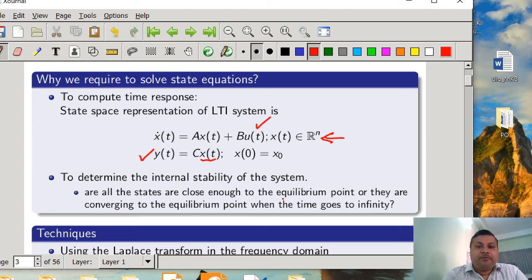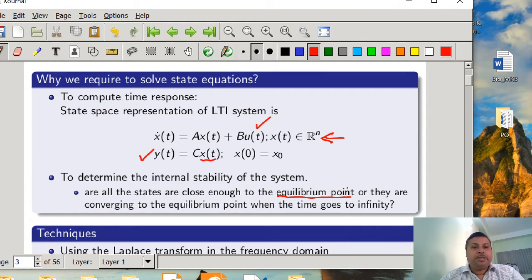Though formally we have not yet introduced the definition of the equilibrium point, you can understand at this point that equilibrium points are those points for a system where, if the system starts from that point, it is never going to leave that point. It will stay at that point only.